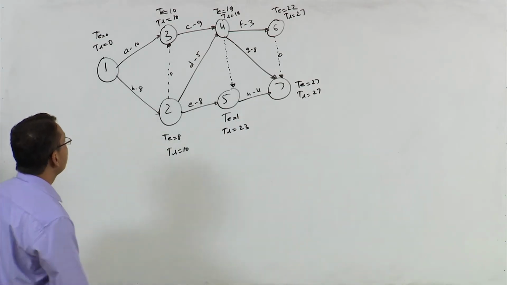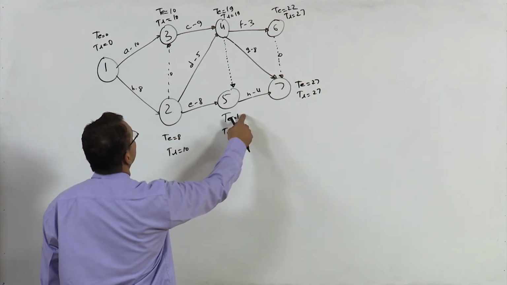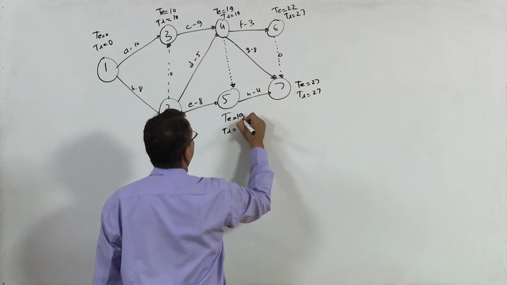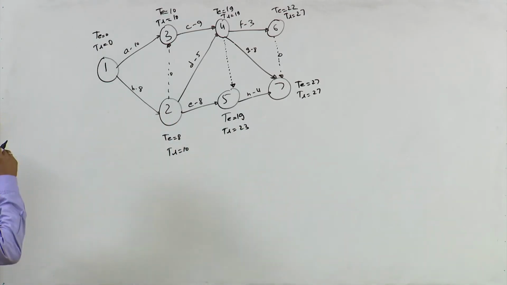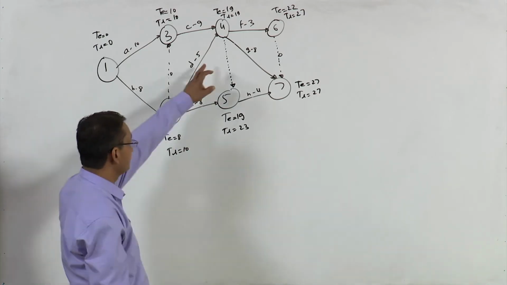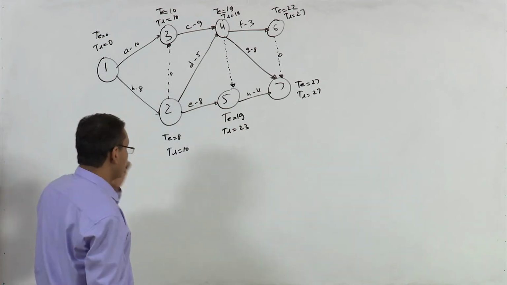And what would be the TE value? From here it is 16, from here it would be 19, right? So in fact it all depends on how these nodes are connected, right? In fact without the dummy activity also the TE was all right.